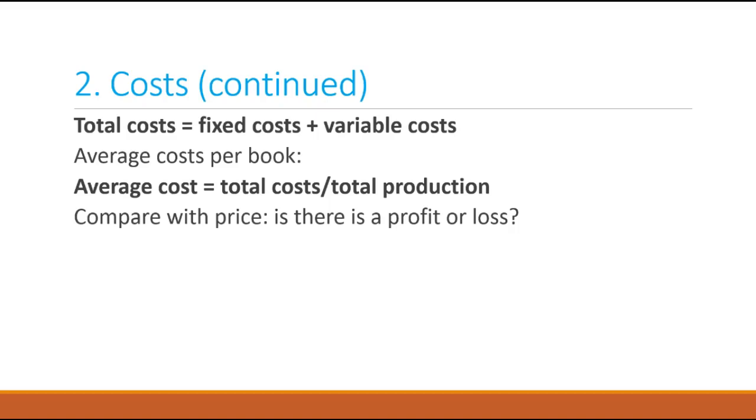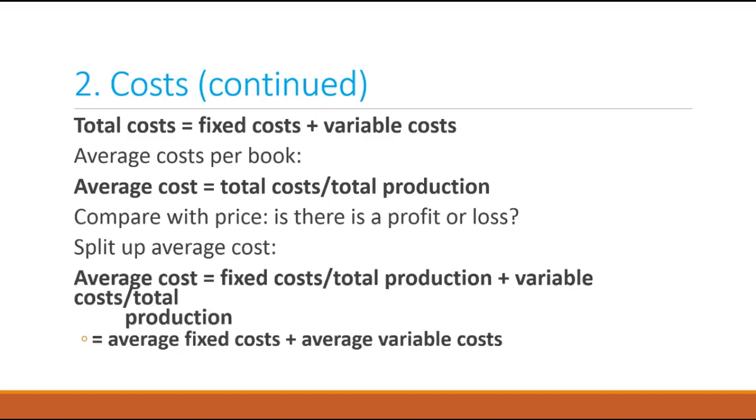Although, as we will perhaps see later, we might still want to produce even though we're making a loss. Well, we can sometimes find it useful to break average costs down into its separate parts. So we can talk about average fixed costs and average variable costs.